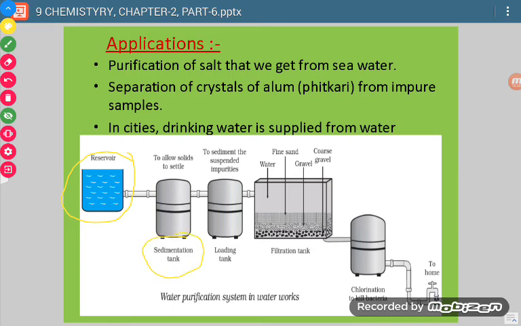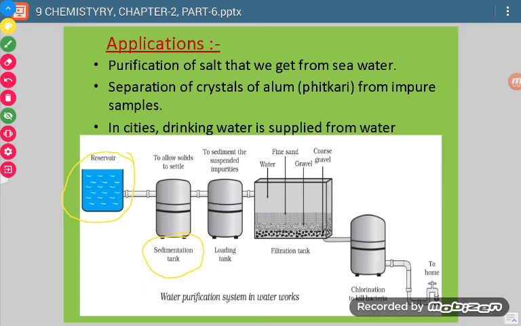Now, what is sedimentation? In sedimentation, the solid portions get settled down. So whatever solids are present will settle down in the sedimentation tank itself.